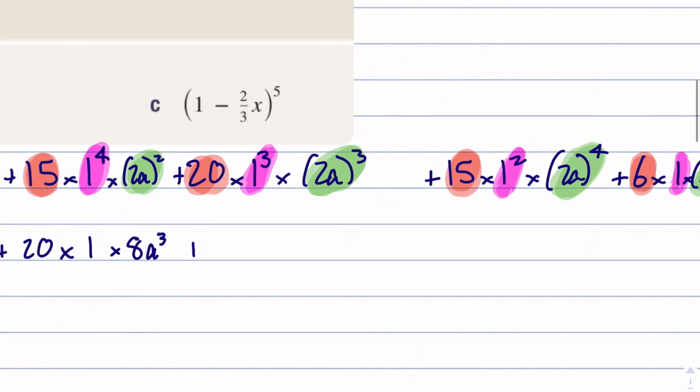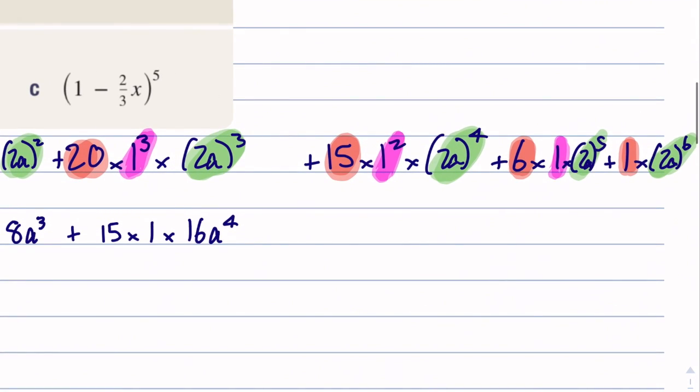And then I've got 15 times 1 times 2 to the 4, which is 16, a to the 4. And then I've got 6 times 1 times 32a to the 5. And I've got 1 times 64a to the 6.